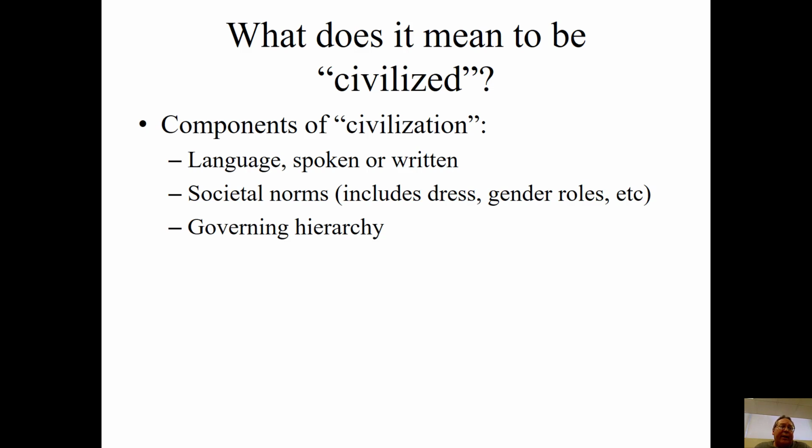Another thing that we would think of maybe with a civilized group, right, what defines them as being civilized is that there's some kind of governing hierarchy. Some group of people are in charge and help kind of direct the group towards a goal, if you will, right? Doesn't mean it has to be like a democratic system and an authoritarian system like we have today in our nation states.